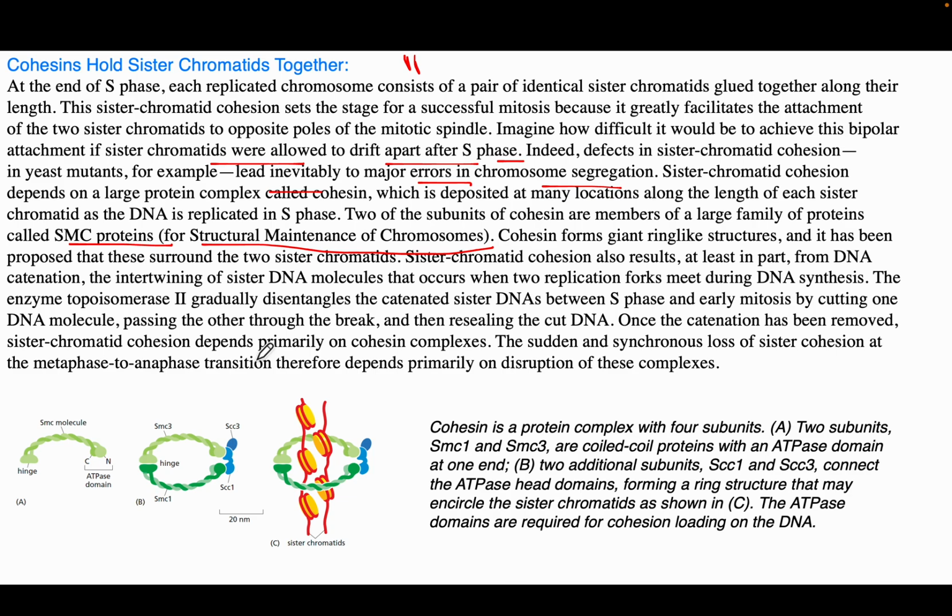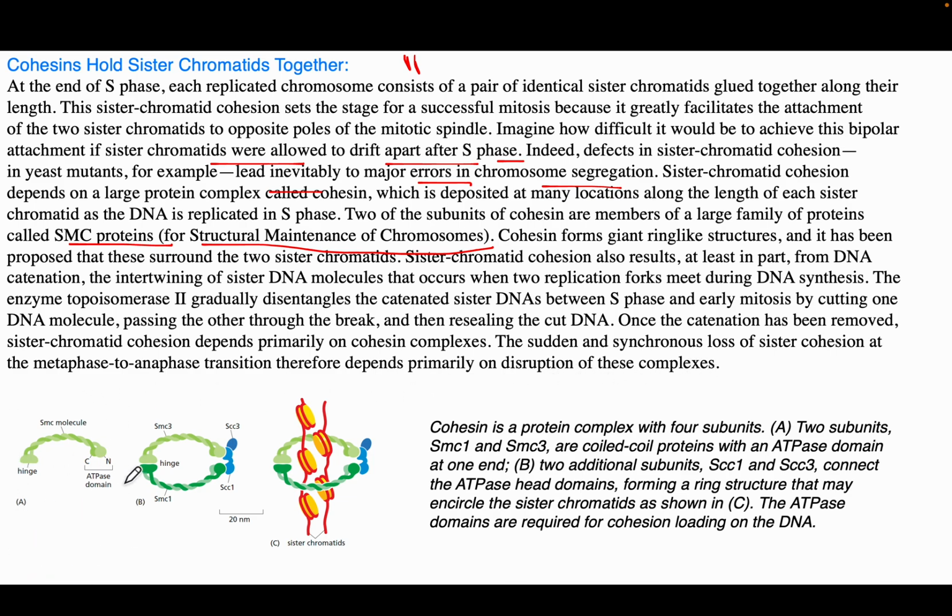Once the catenation is resolved, sister chromatid cohesion depends primarily on the cohesin complex. So the sudden and synchronous loss of sister cohesion at the metaphase to anaphase transition depends primarily on disruption of these complexes.